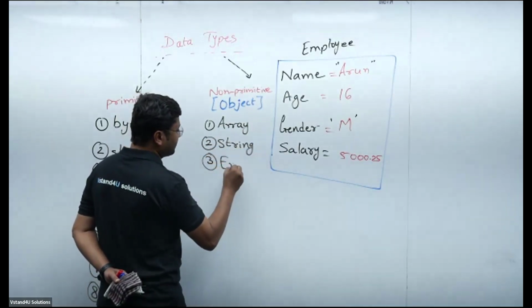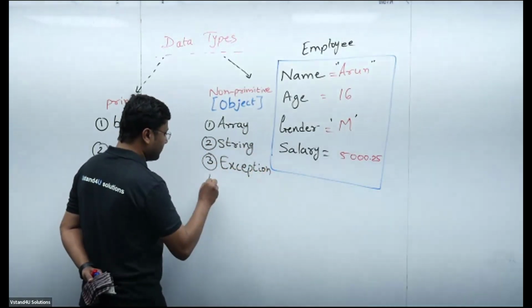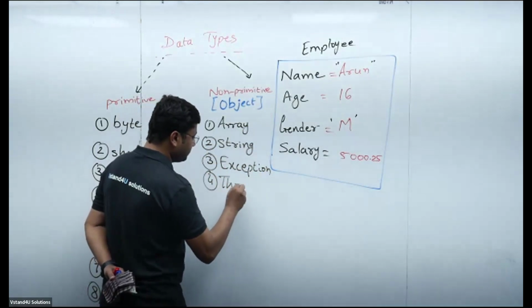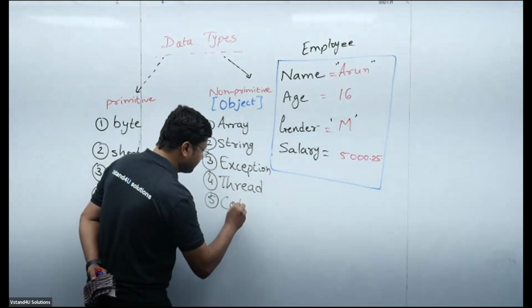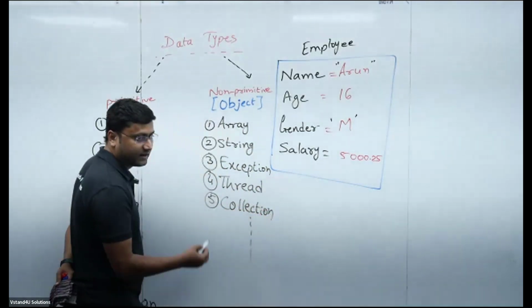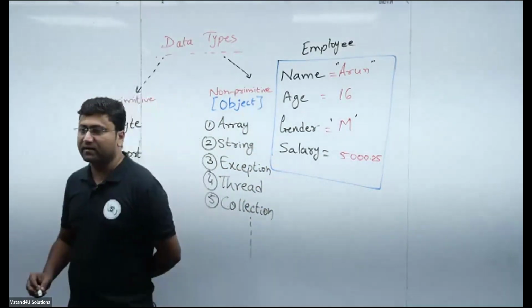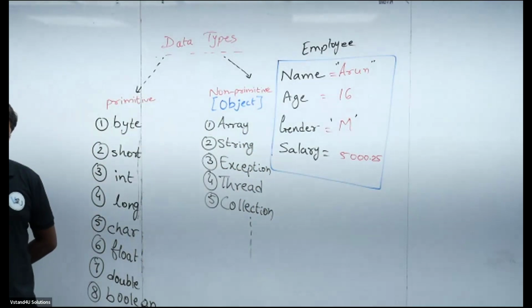Then you will study many other things. Of course, there are hundreds, thousands of other things. I am not listing all of them, but you will understand everything very clearly.